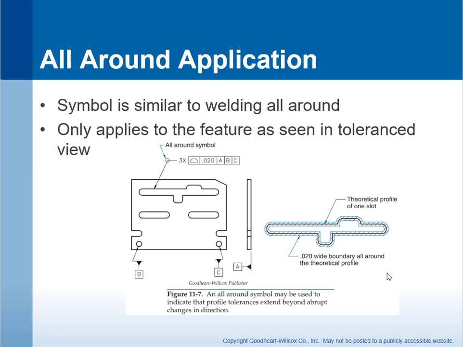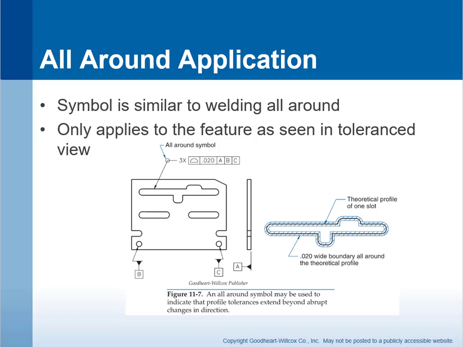Again, what's missing from this drawing is all of the basic dimensions that define what the locations are and what all of these dimensions are. Those have to all be basic dimensions for this profile to work properly.